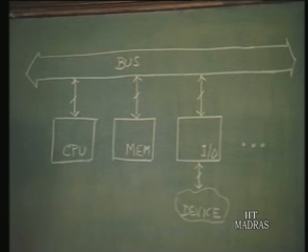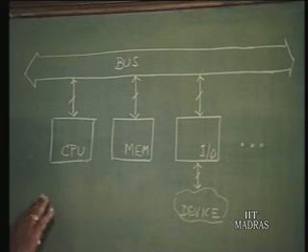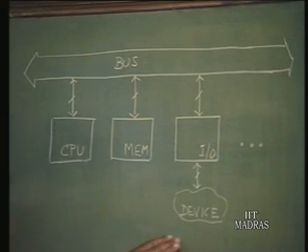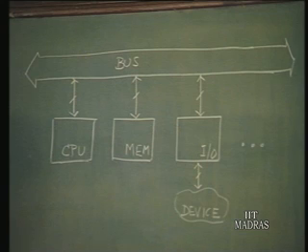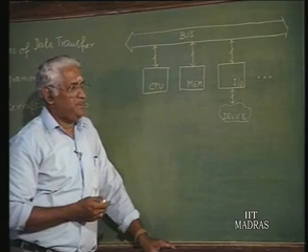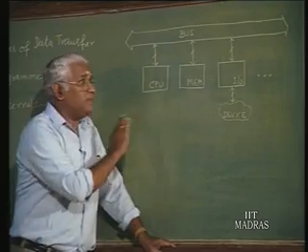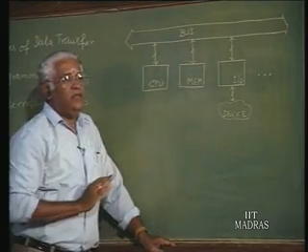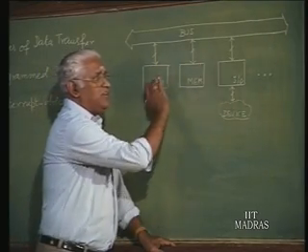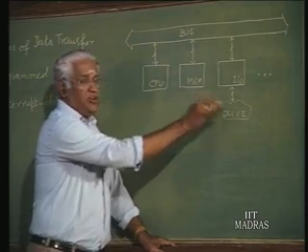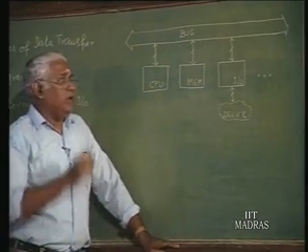Number two is the CPU is running at its own speed and the device is going at its own speed. There is no synchronization between these two. These are two independent things, except when there is some transfer. Even then, synchronization will be with reference to the interface and not with the device as such.